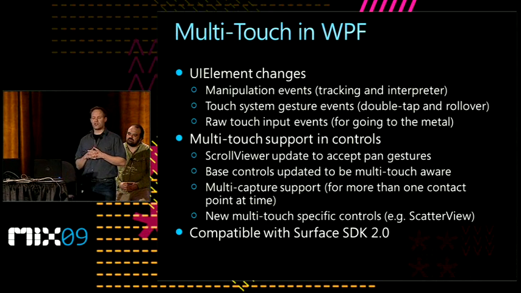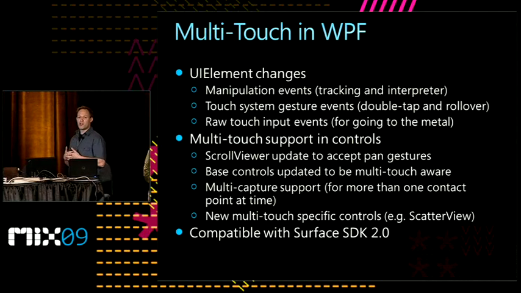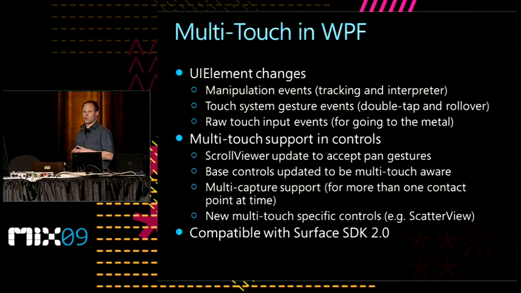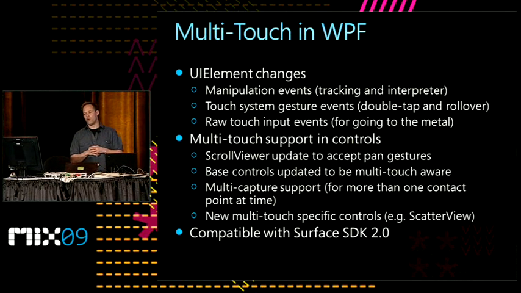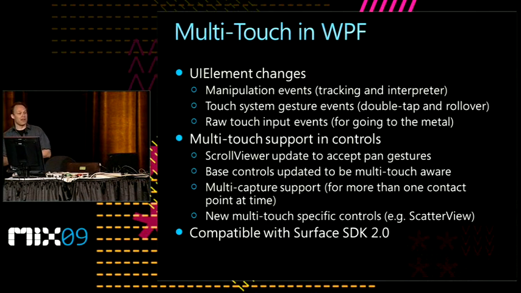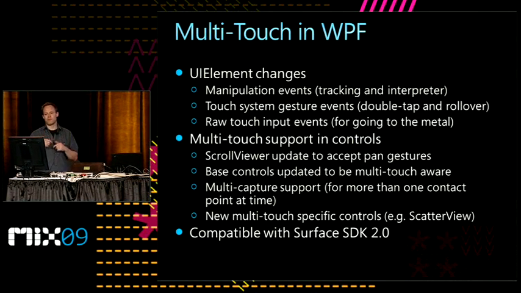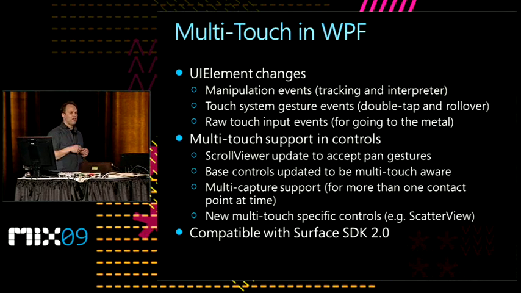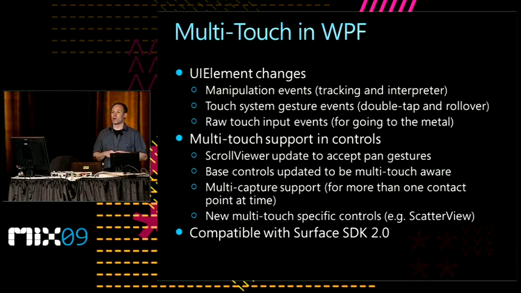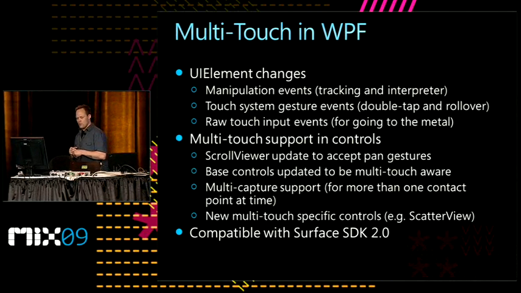And that includes UIElement changes to support manipulation events, gesture events, as well as the raw input events. And those are all consistent with the Surface folks, as well as the Win 7 implementation. And then we did the implementation for ScrollViewer and other controls so that they're multi-touch aware out of the box. Now these things aren't actually in beta 1, or pieces of them are in beta 1. The rest will come in beta 2.